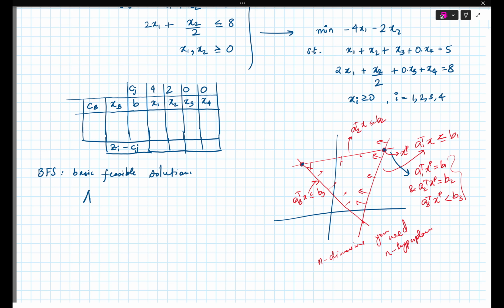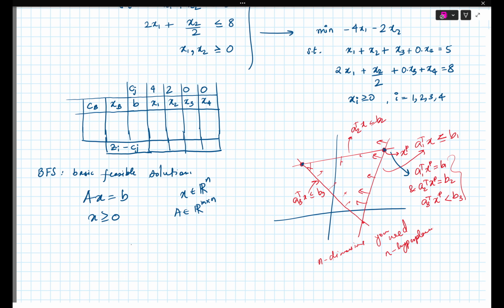So constraints are basically Ax equal to b and x greater than equal to 0, and x is in Rn, and this A is n cross n. So in n dimensions you need basically n constraints to be active to hit a corner point.